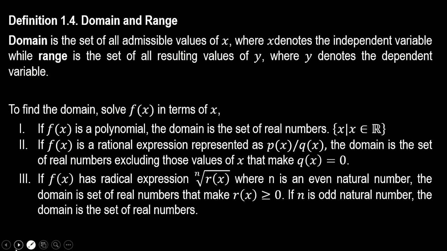Then number three, if the function has a radical expression, we have the nth root of the function, where n is an even natural number. The domain is the set of all real numbers that makes the function greater than or equal to zero. But if n is an odd natural number, then the domain is the set of all real numbers.